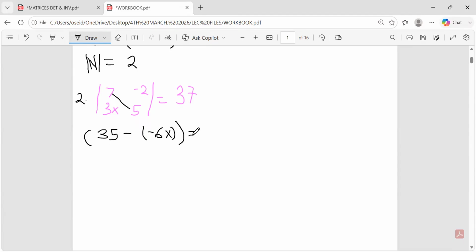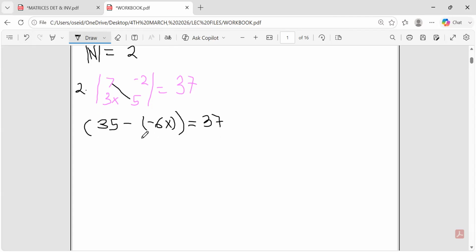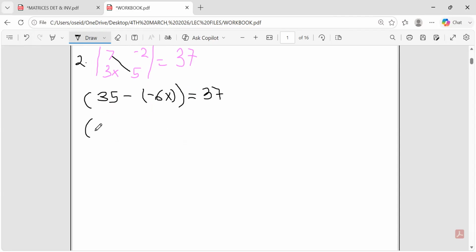Then we equate it to 37. So we are going to get 35 minus, or plus 6, because negative will give you positive, plus 6x, bracket close, equals 37.